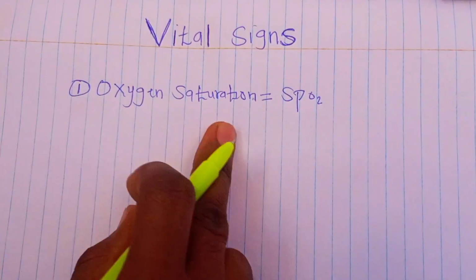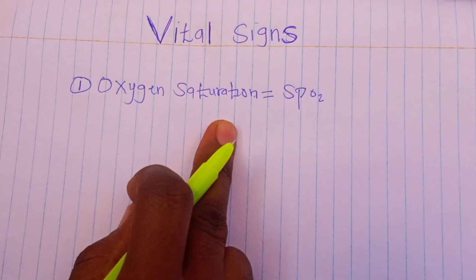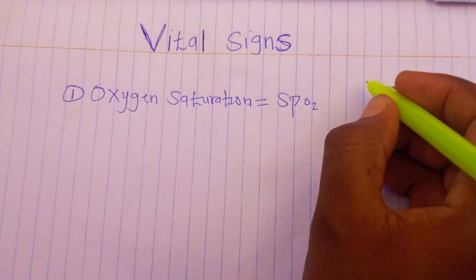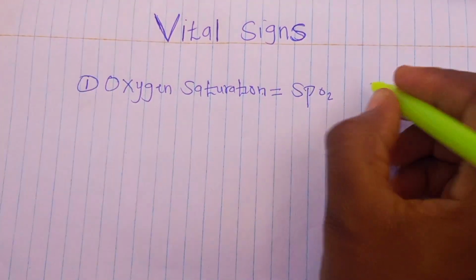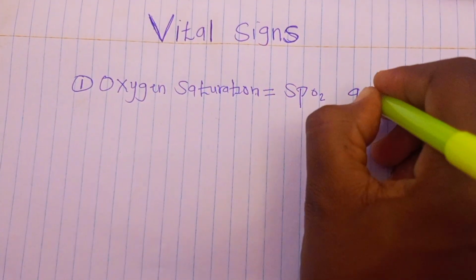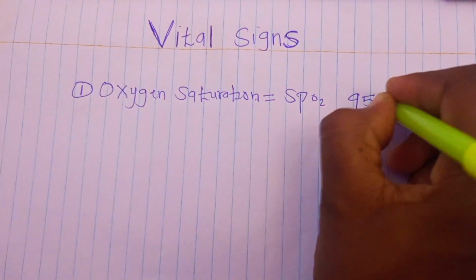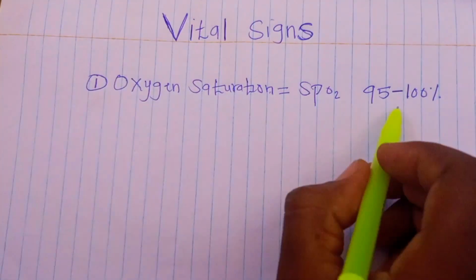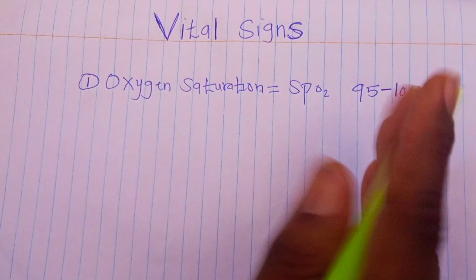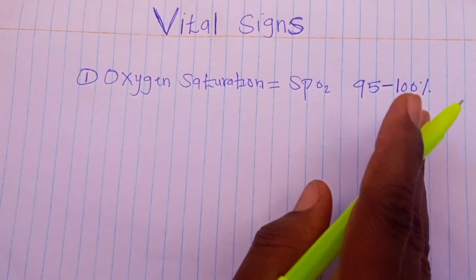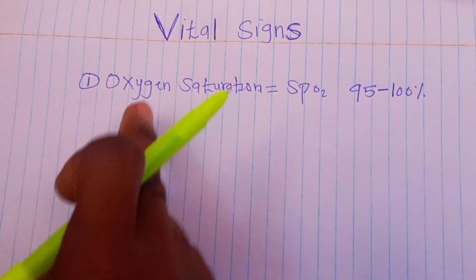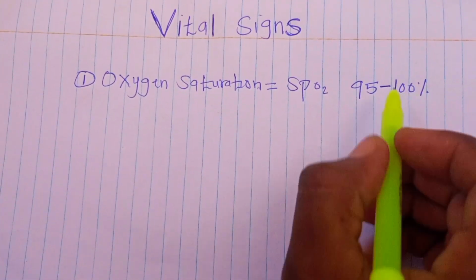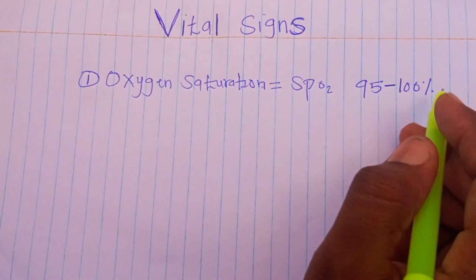The normal range of oxygen saturation is 95 to 100. There's a machine called a pulse oximeter which we use to measure oxygen saturation. If the pulse oximeter reading is between 95 to 100, that is normal.